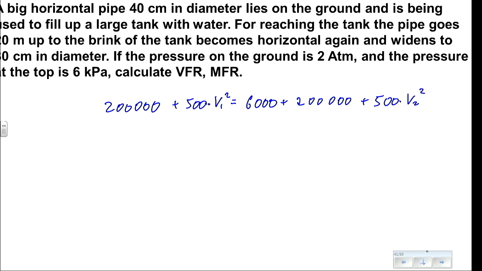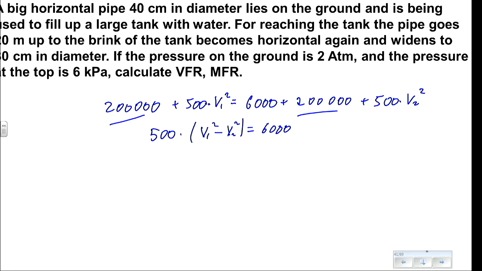Well, equation tells us wherever it tells us. Again, we can cancel this. And what's left? 500 times V1 squared minus V2 squared equals 6,000.